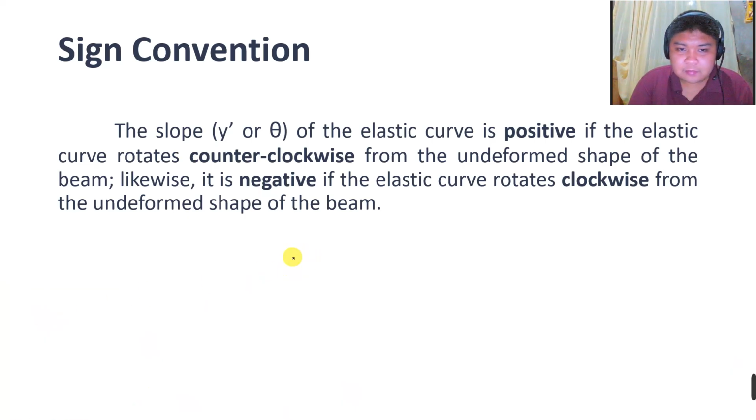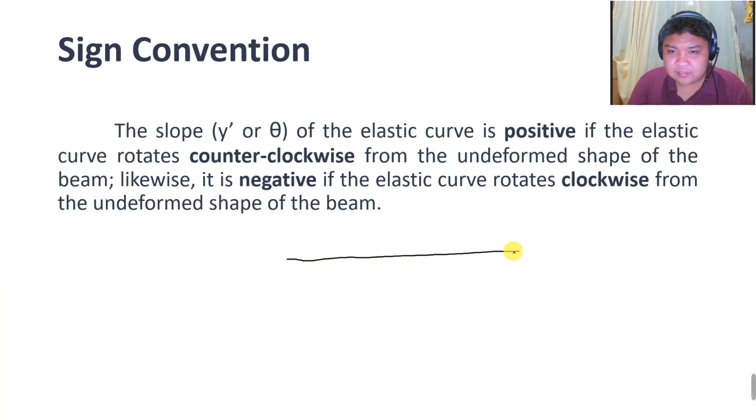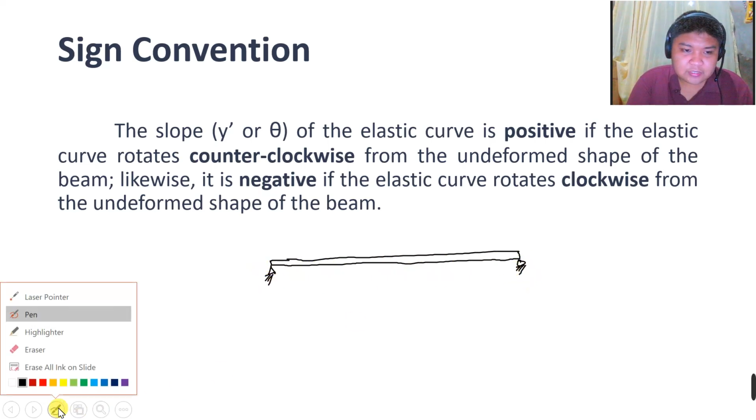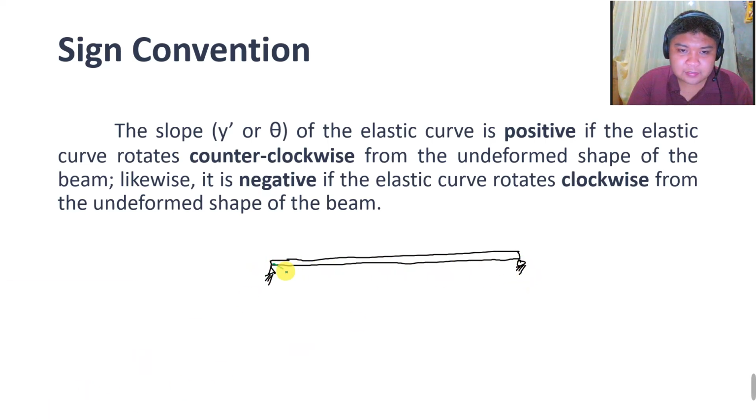Pen dapat. So, halimbawa, class, ito yung beam natin in an undeformed shape. So, simply supported lang siya. Tapos, i-sketch ko, class, yung kanyang elastic curve. Halimbawa, ito yung elastic curve natin simula dito, tapos dito.